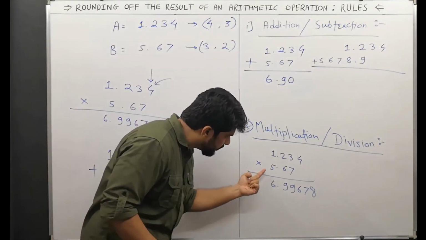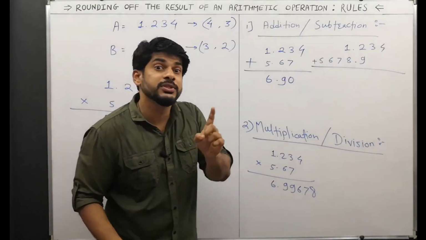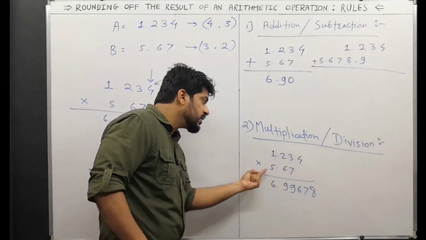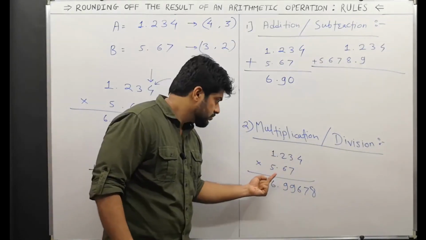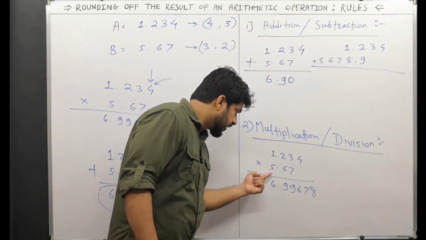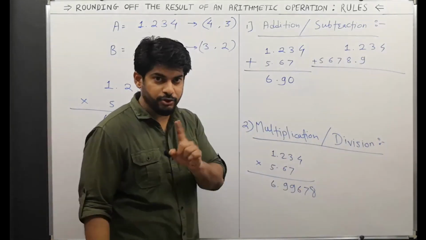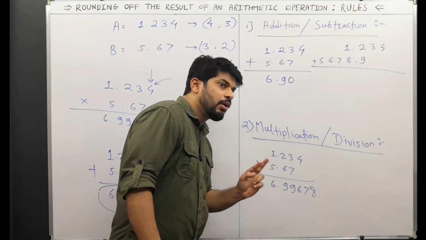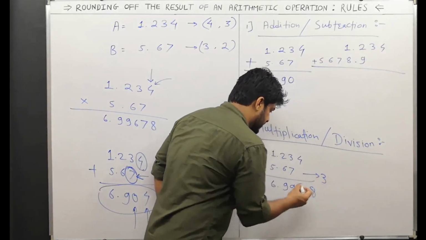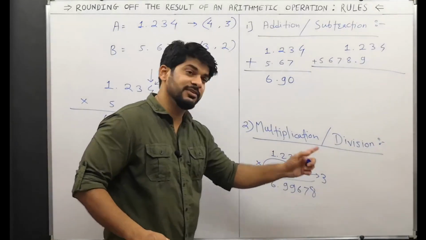This number has the least, and now identify how many significant figures it has. 1, 2, 3. So the steps are: first identify the number with the least number of significant figures, and then identify how many significant figures it has. So here we have 3 significant figures.